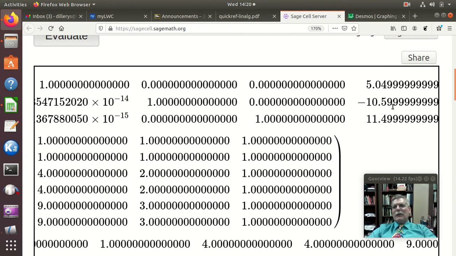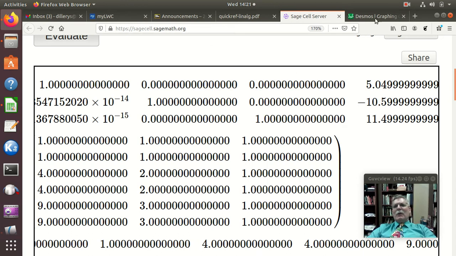Okay. Oh, and I can still see the answers here. And you see we got an answer of like 5, negative 10.6, and 11.5. That's a pretty far cry from the 3, negative 2, and 4 that I thought it should be.